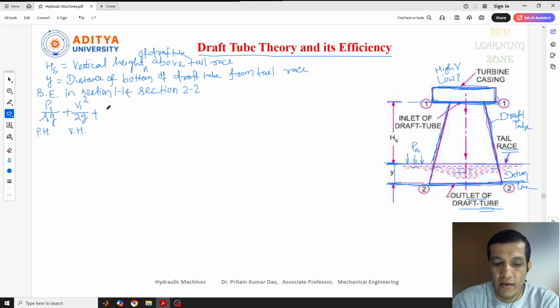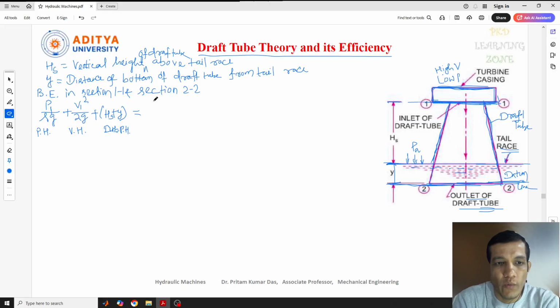We can write that distance as Hs plus y. So this is the datum head, or also the potential head, because the total energy is pressure energy, kinetic energy and potential energy. Anyway, this is at section 1.